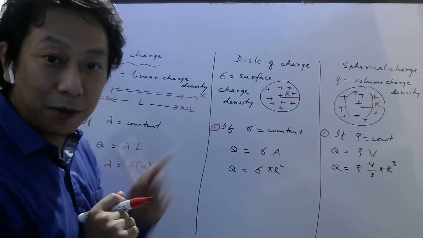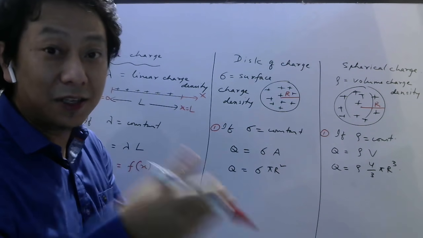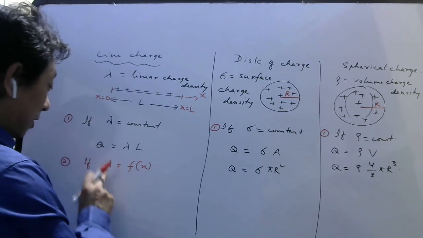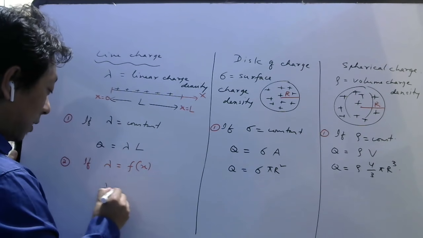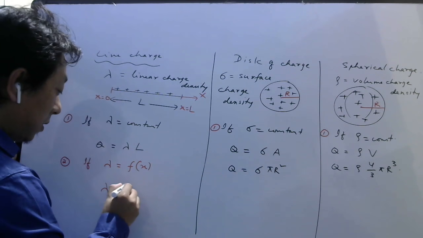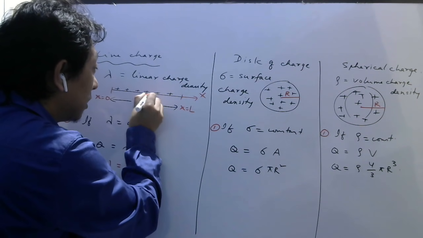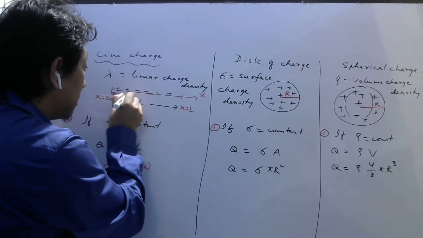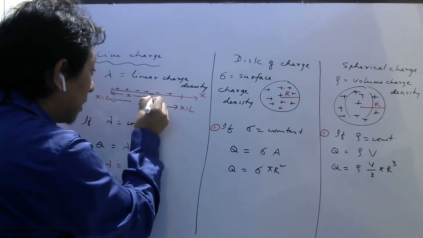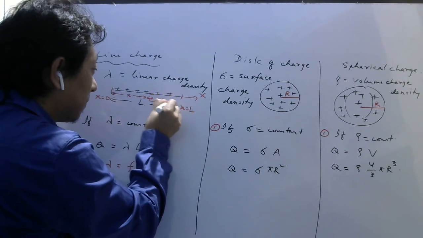Just like in the previous case I told you, if the charge distribution is changing with position, then your lambda will no longer be q by L. So what you have to do is take a small length at a distance x, and let that length be dx.